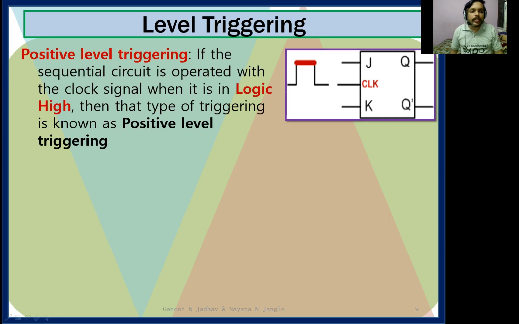Let us understand. The output of this flip-flop will change its state when the clock is at its higher position. When the applied clock is high, the output will change its state. Then it is called level triggering because it depends upon the level.